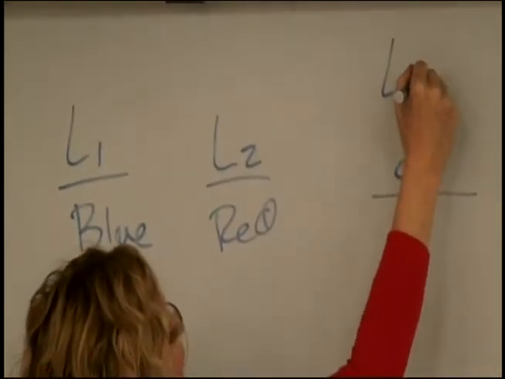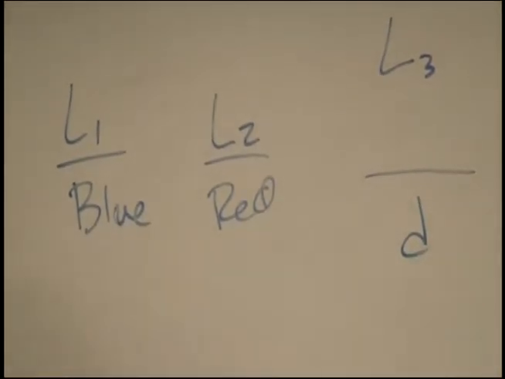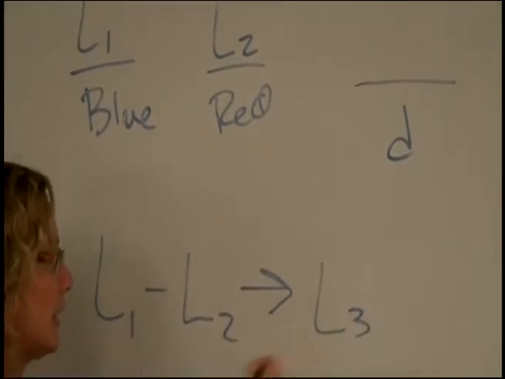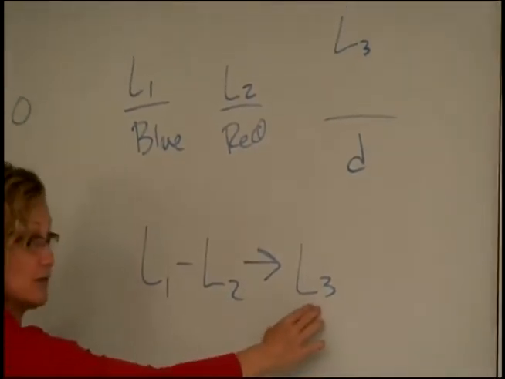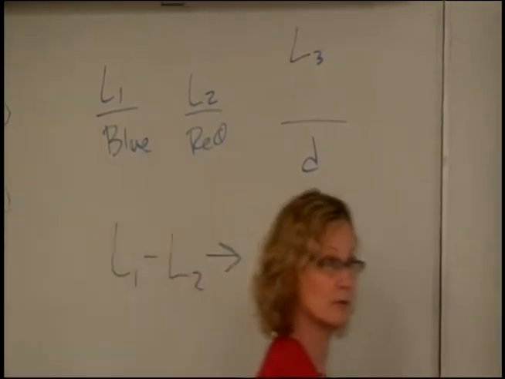So say this is L3, your D's. So you're going to go L1 minus L2, go back to your home screen, and then get that store button. Or wherever your empty list is, I don't care. Blue minus red, store in empty list.